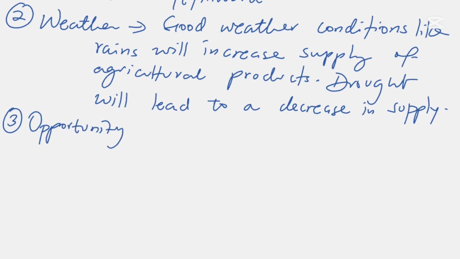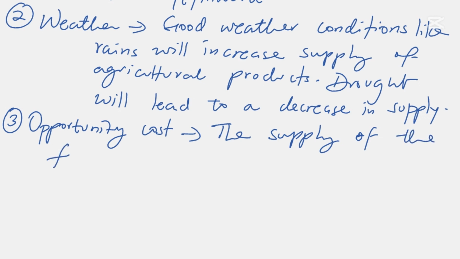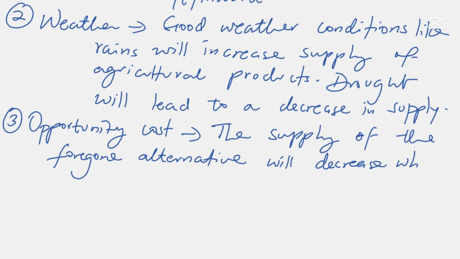The third factor is opportunity cost. This one is covered in one of my recent videos. So opportunity cost is the value of the foregone choice. So as a supplier, if you have two options and you choose one and you leave the other, we are saying that the supply of the foregone alternative will usually decrease, while the supply of the chosen alternative will usually increase.